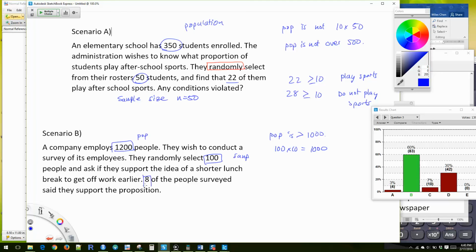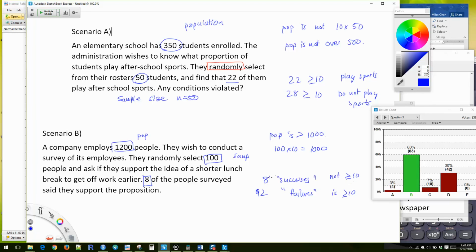But we only have 8 people who said that they support this proposition. So we have 8 successes, and that means we have 92 quote-unquote failures. So this is not greater than 10. This one is greater than 10. Both have to be greater than or equal to 10.